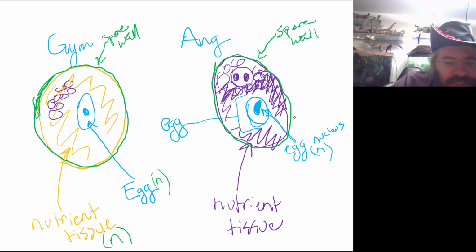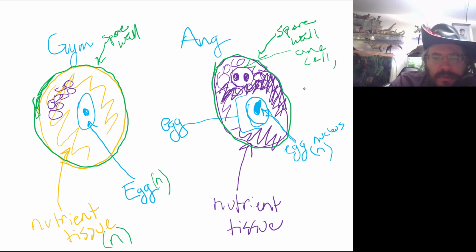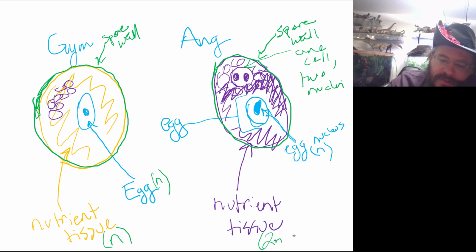So this mix of tissue where we had spore tissue and mostly gametophyte tissue, here, it's binucleate. One cell, two nuclei. So it's diploid-ish. There's 2 nuclei in it.